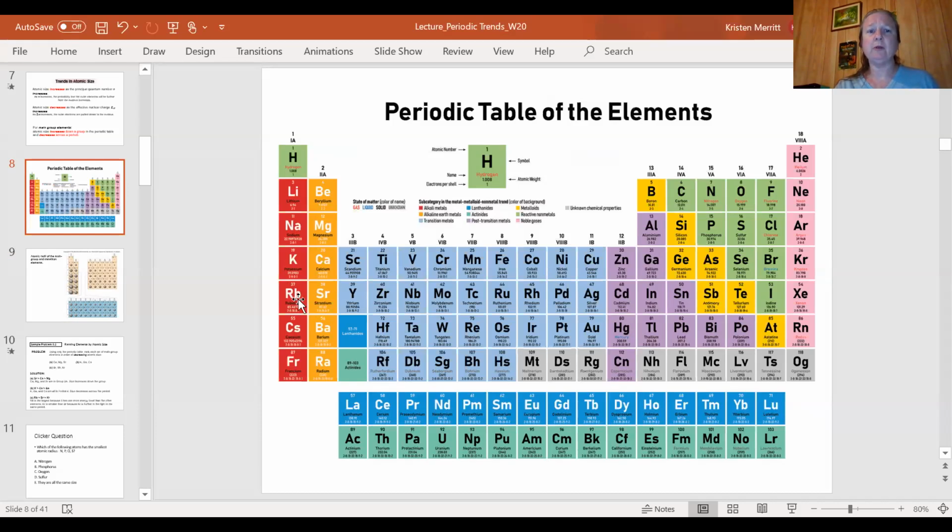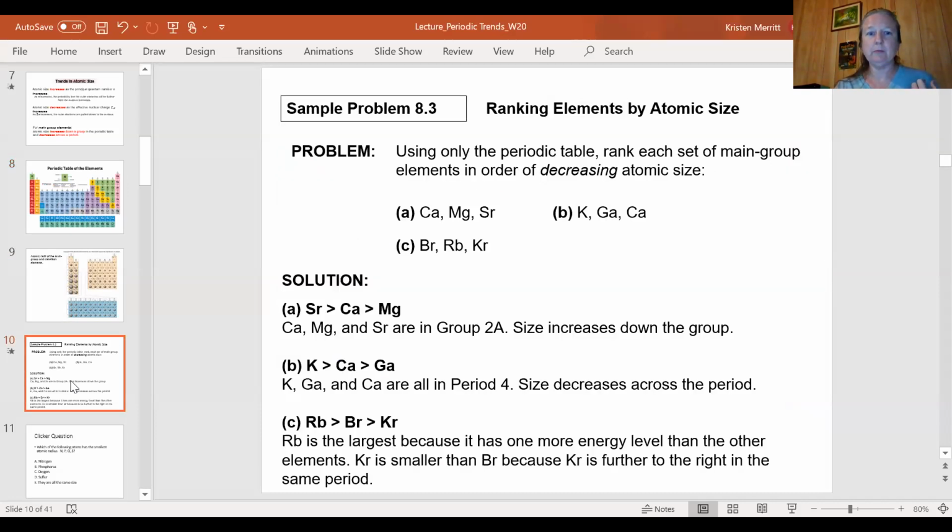It's not only further left, it's down the next period. So it's further left and at a higher period, a greater N number. The greater your N number, the further you are from the nucleus. That's what N means, one of the things. So that's going to be larger, and then we're going to go bromine and krypton because now we're going trend to the right. And then there are your explanations.